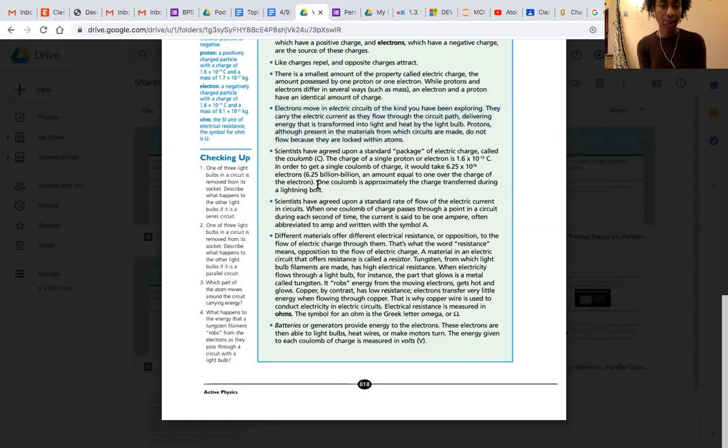Number 5. Scientists have agreed upon a standard package of electric charge called the Coulomb.